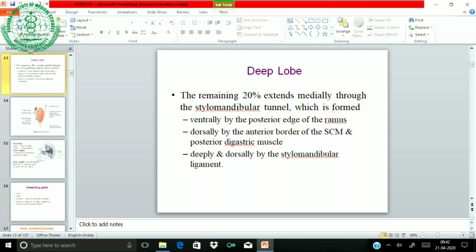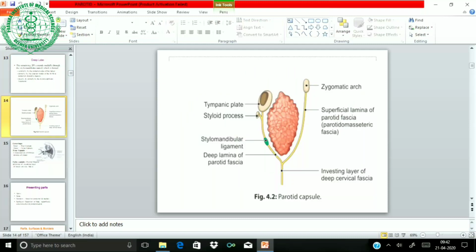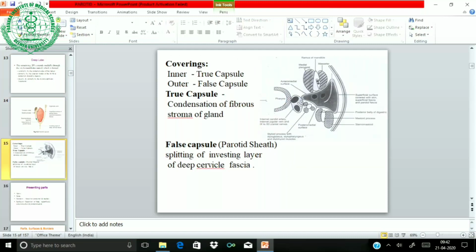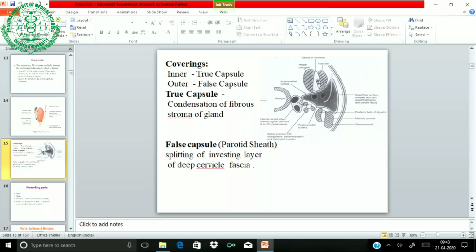Then after the lobes of the parotid gland, regarding the coverings of the parotid gland. The parotid salivary gland is covered by two coverings or capsules which surround the parotid gland: the inner true capsule and the outer false capsule.